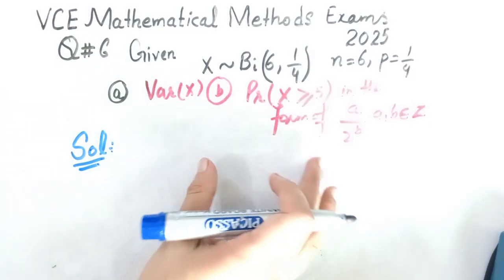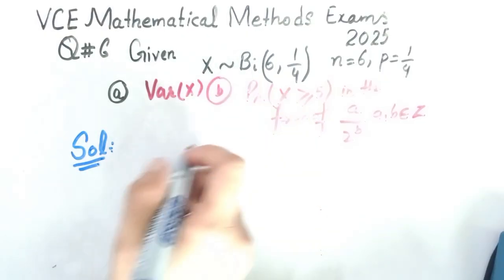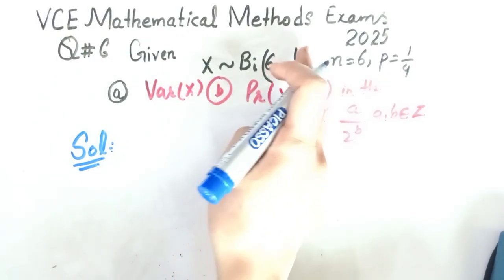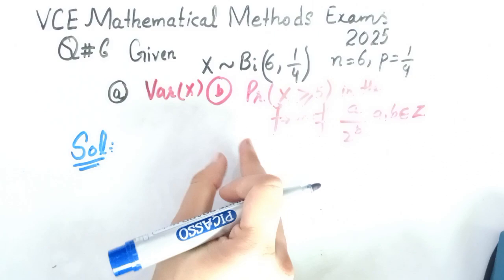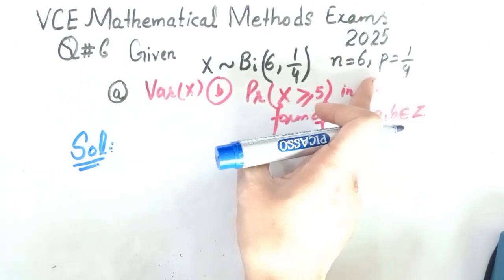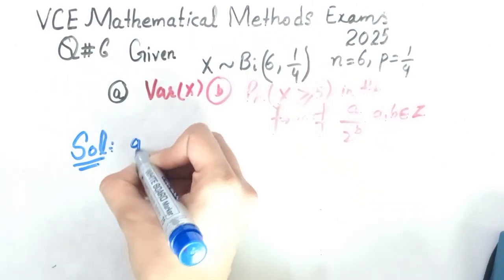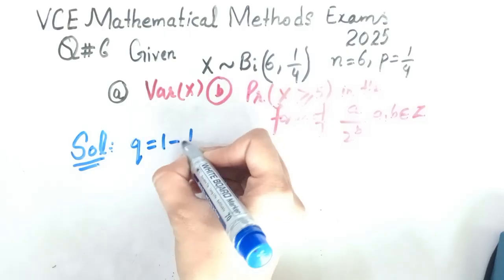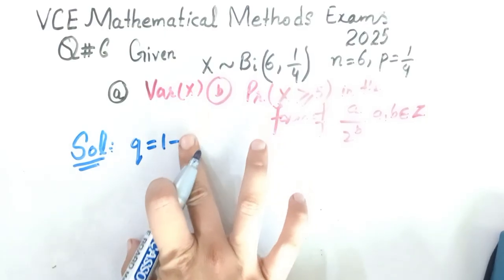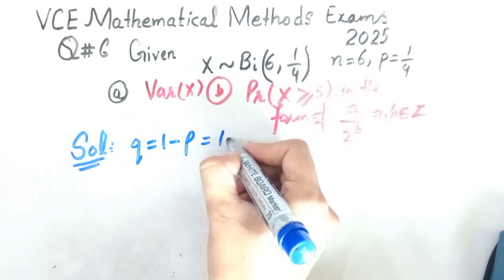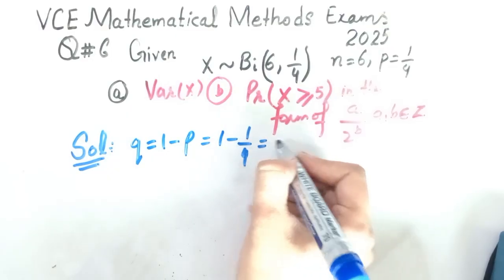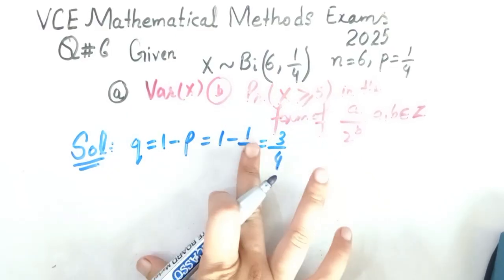We have the binomial distribution. The value of n is 6 and the value of p is 1 by 4. This is the probability of success. The probability of failure is q, which equals 1 minus p, so 1 minus 1 by 4 is 3 by 4.